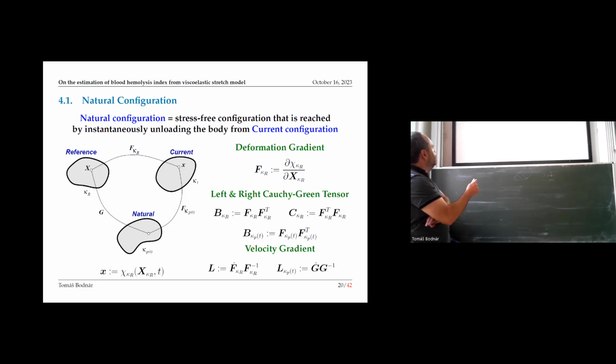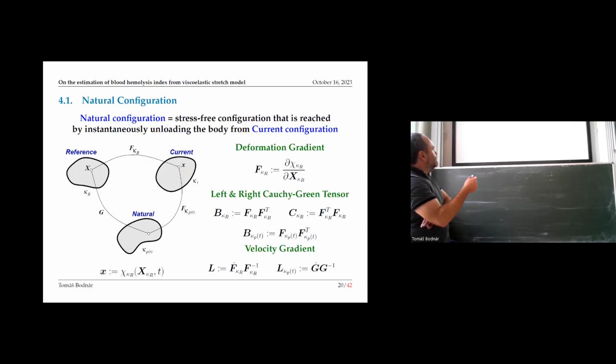And Rajagopal is working with the so-called natural configuration in continuum mechanics. So he doesn't only have the reference and current configuration for describing the changes in the continuum, but he has some extra so-called natural configuration, which he states is a stress-free configuration that is reached by instantaneously unloading the fluid parts of the continuum from the current configuration.